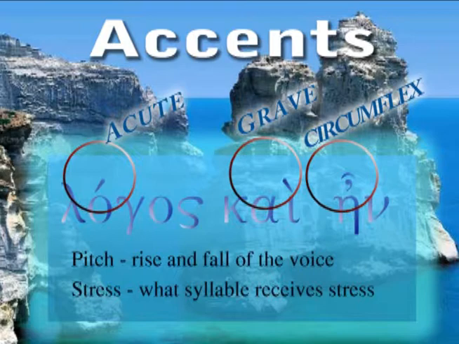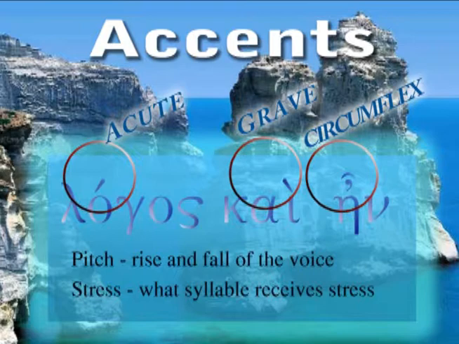The first type of accent is called the acute, and the acute simply indicates to the speaker to heighten the pitch of their voice. The second accent is called the grave, and the grave, I like to think of it as going into the grave, so you're lowering the pitch of your voice. And then the one that I think is most curious to me is the circumflex.